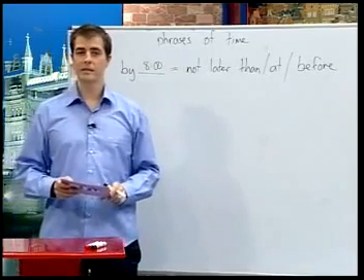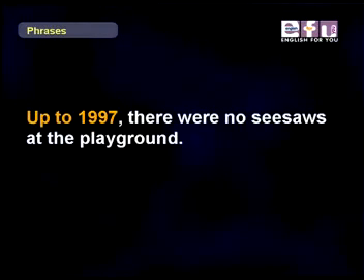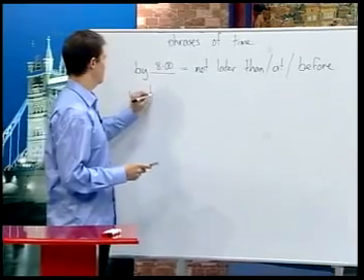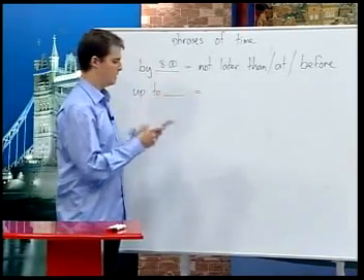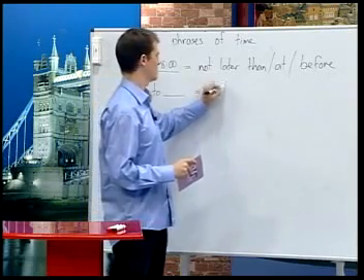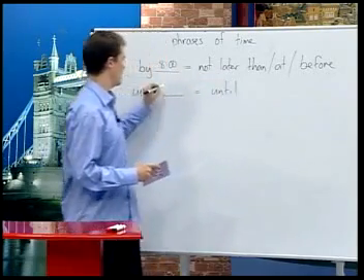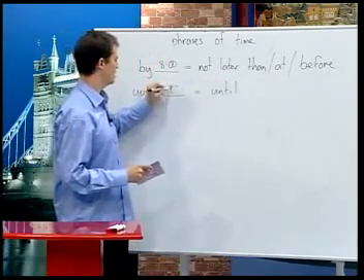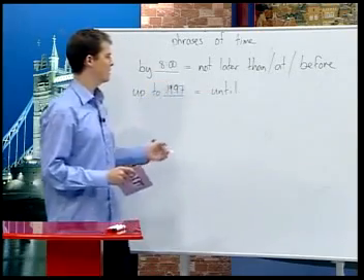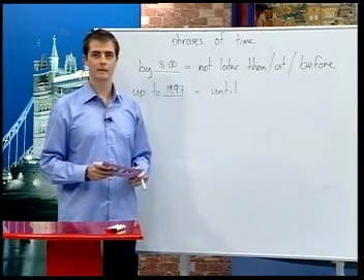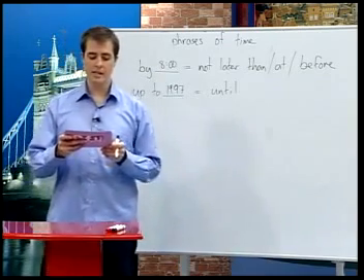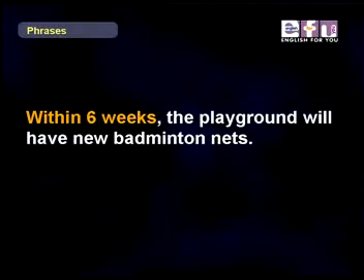In the second sentence, up to 1997 is a time phrase. Up to means until. So up to 1997 is until 1997. In the third sentence, within 6 weeks is a time phrase.